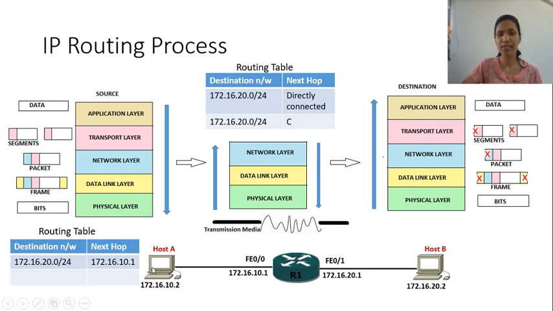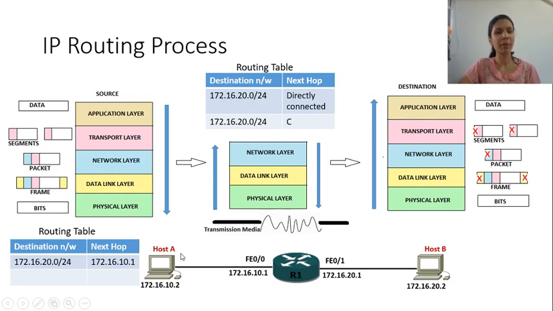Now in order to send a message from one network to another network, you need a router to perform routing. Consider an example wherein host A is going to ping host B. That is, at host A, the user is going to write the command ping 172.16.20.2.